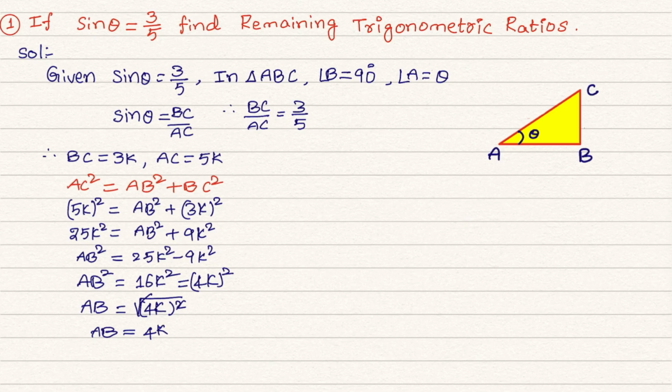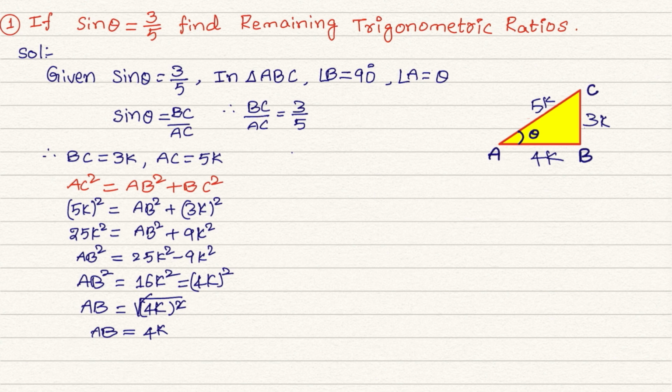So now we know the values of BC, AB and AC. BC we know is 3K, AC we know is 5K and AB we know is 4K. Now once you know all three sides, we can write any trigonometric ratio. So here we want cos theta because sin theta we already know. We have to find cos theta, tan theta, cosec, secant and cot.